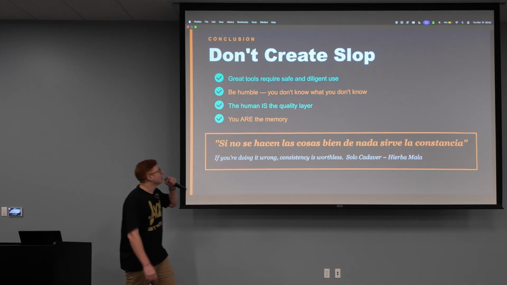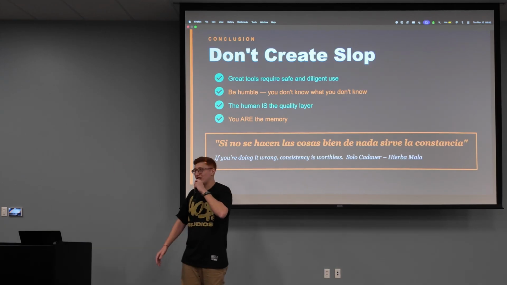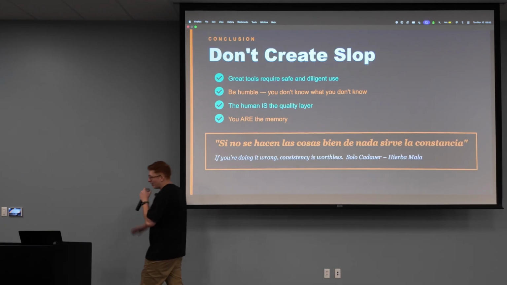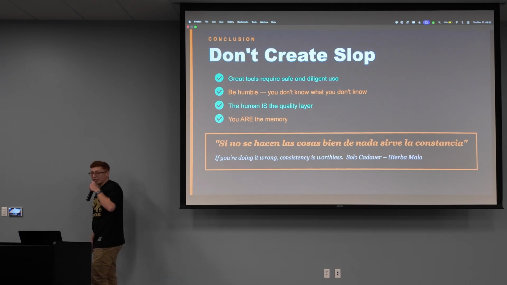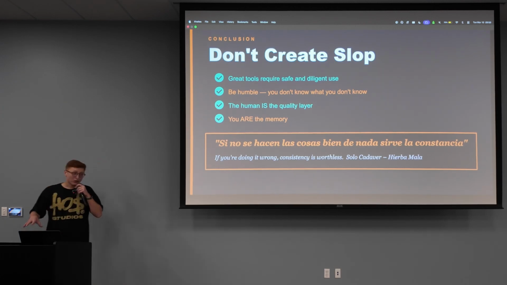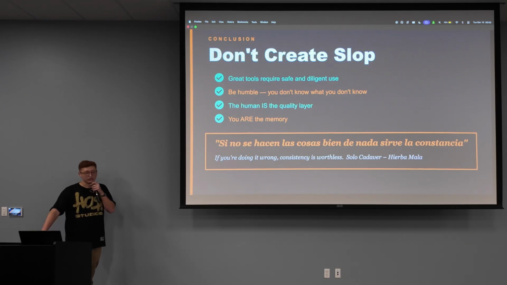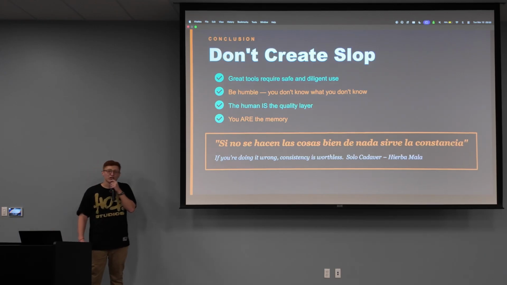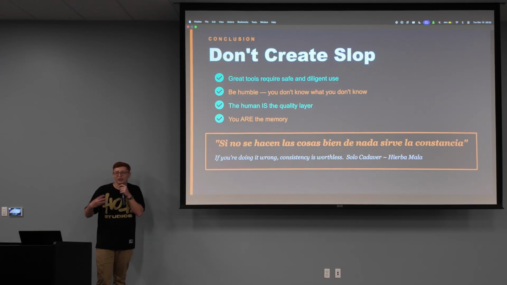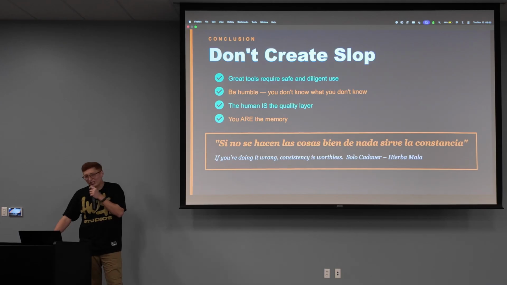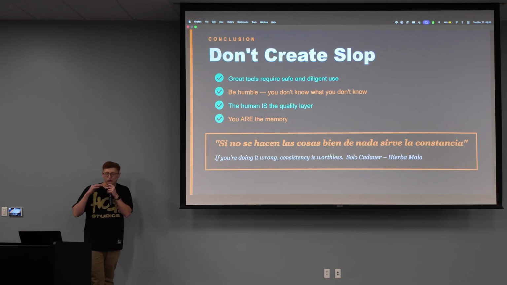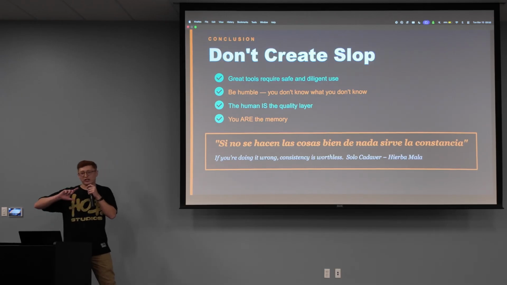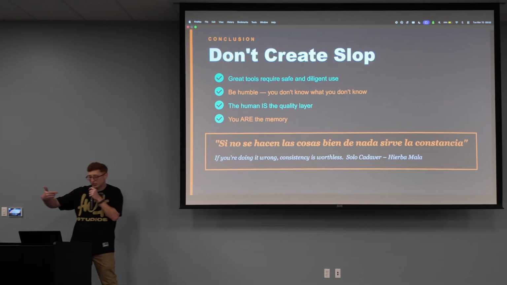So in the end, my conclusion is don't create slop. Great tools require safe and diligent use. Also, be humble because there's always someone in the world doing it better than you, and you shouldn't take it as a threat. You should take it as someone you can study to actually evolve your knowledge.